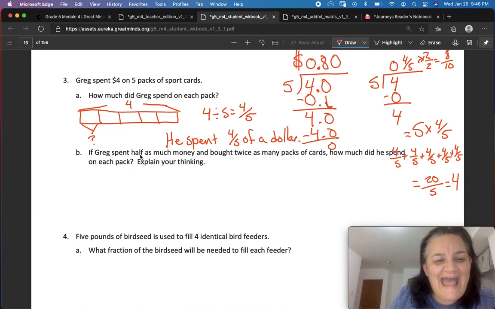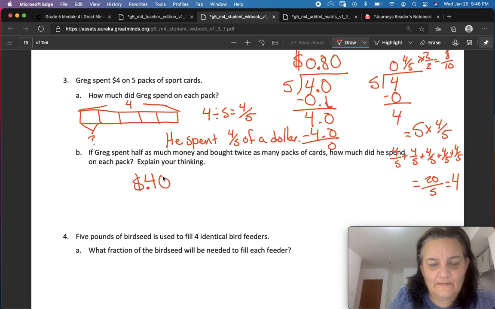If Greg spent half as much money, okay, half, so what's half? 80 cents would be 40 cents. And bought twice as many packs of cards, and I got 10 packs. How much money did he spend on each pack?